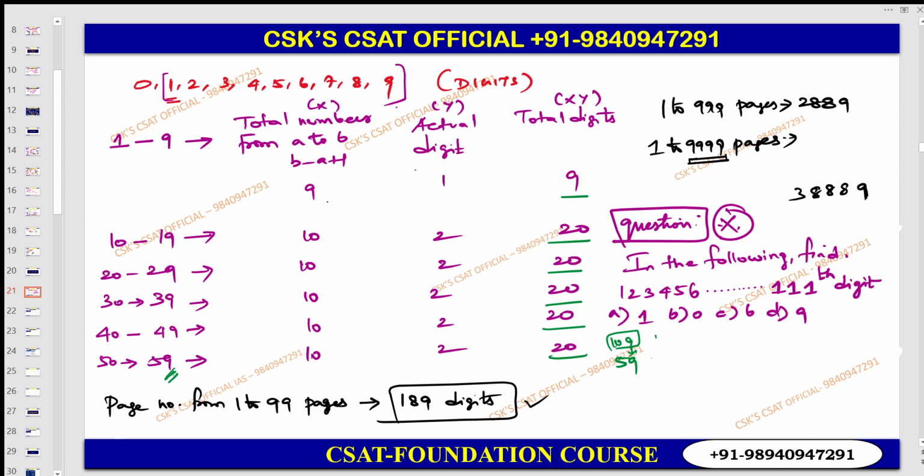So therefore 110 going to be the 6, and 111th going to be the 0 of 60. So therefore the triple one-th digit is going to be 0. Do you understand how to find it?